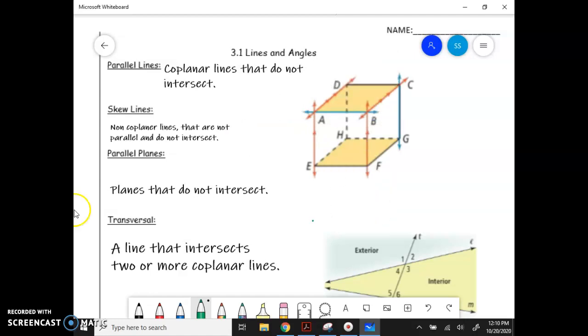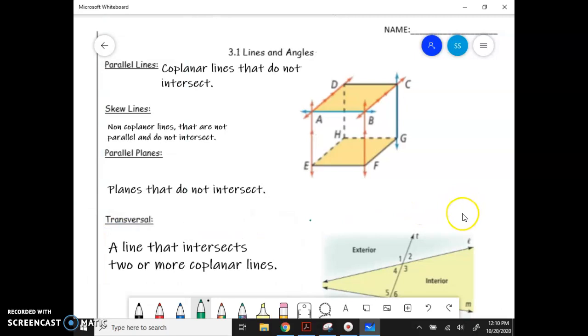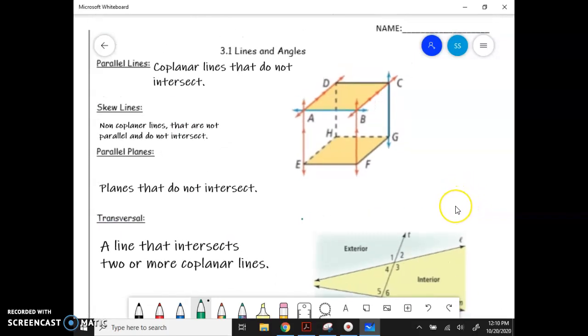Okay, moving on. Parallel planes. Parallel planes are planes that do not intersect. So right here, this plane, I'll label it with 3 points.